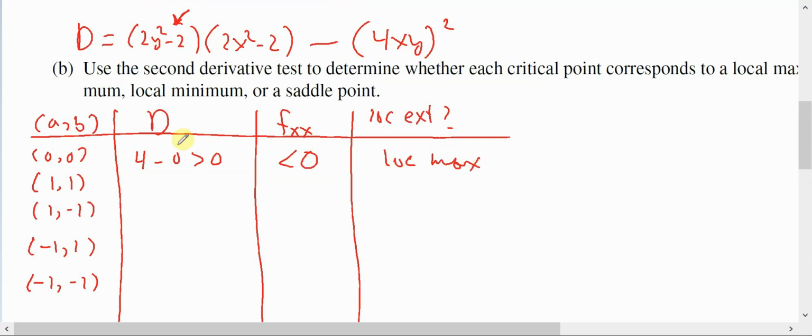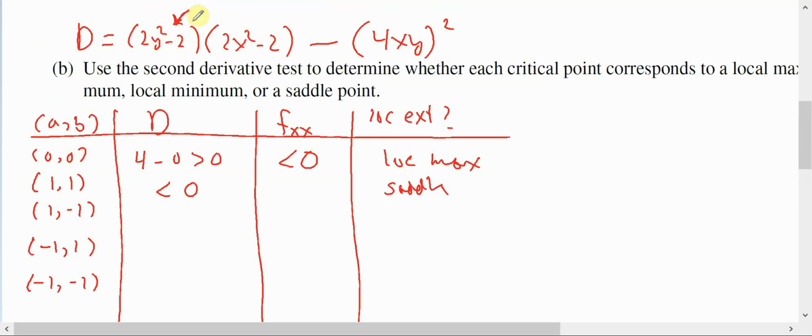Now plugging in 1, 1, well, this is being squared, so you get 1, so that's going to be 0, wiping out this first term. Plugging in 1, 1 here, you get 4, and you're squaring it, so this is going to be negative, which means saddle point. And for 1, minus 1, since I'm squaring, in every case all of these 1s would be squared, whether positive or negative.